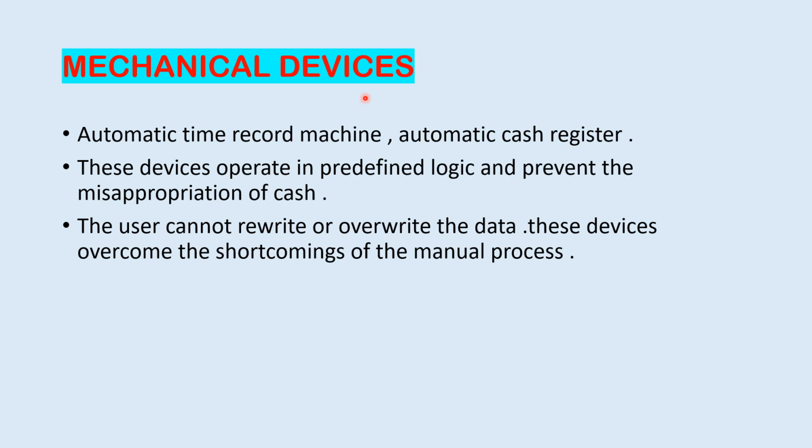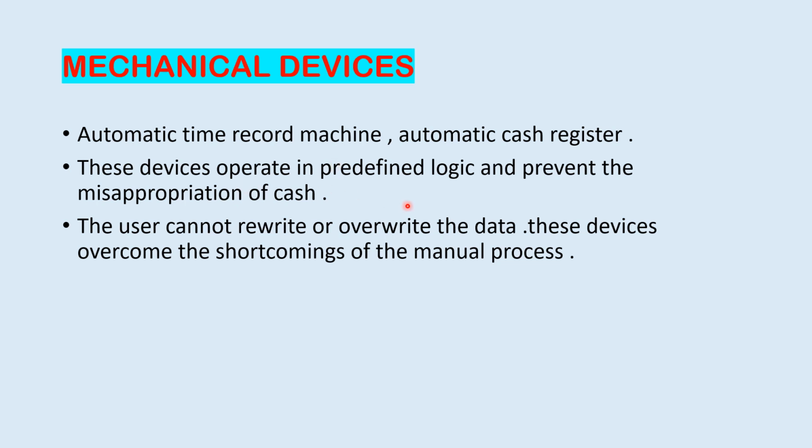Now, mechanical devices. What they say is, automatic time recording machine, automatic cash register. If it is manual, the person may make some mistake. But if you have these devices, there will be no flaw in recording, and internal check will automatically take place.